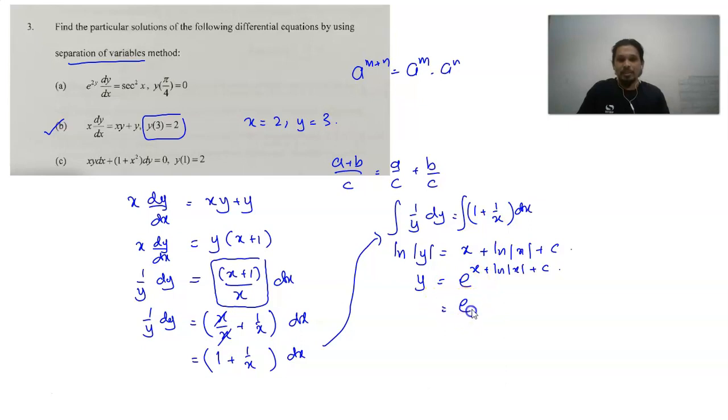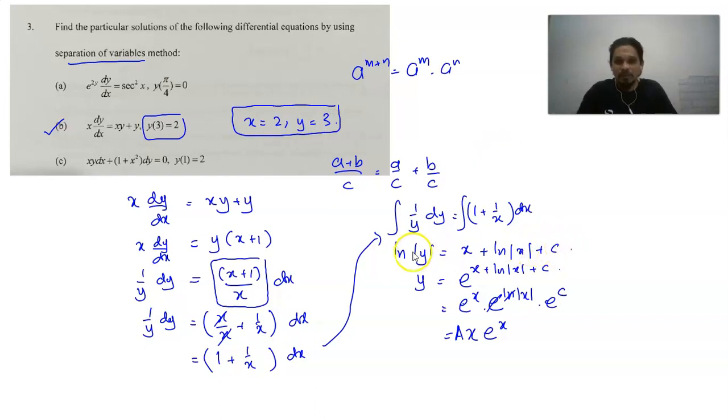So here, e to the x times e to the power of natural log of x times e to the power of c. And this one here comes up with an x, e to the x, and e to the power of c equals a. Don't forget that they gave us the value of x and y. Actually you may substitute the values of y and x at this point, but it's okay, we substitute in here now.